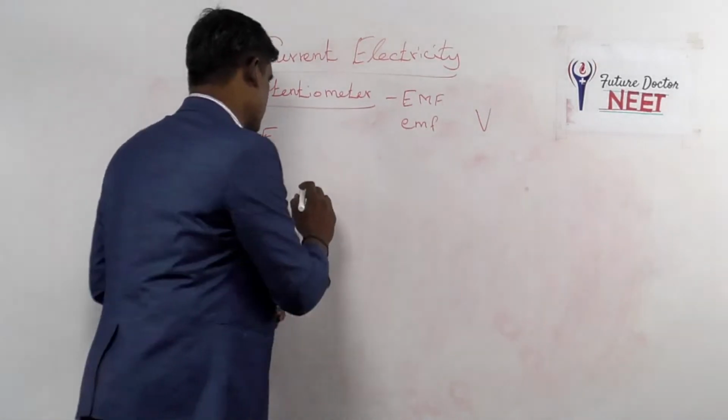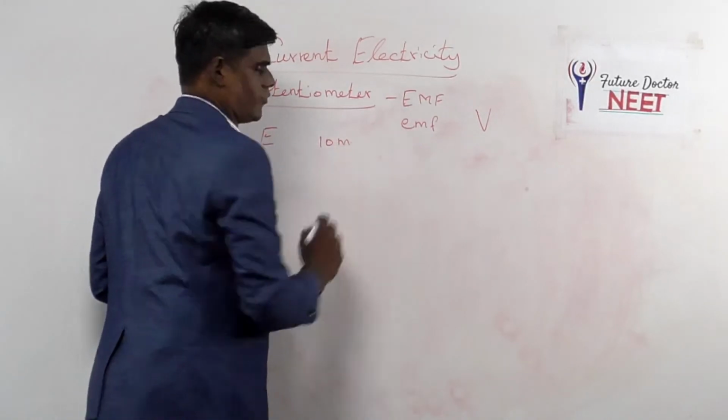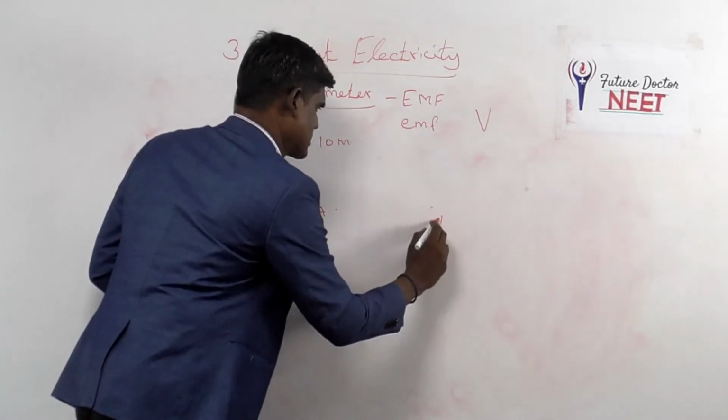And in the potentiometer, there is a 10-meter wire that will be kept as AB, just like the meter bridge.